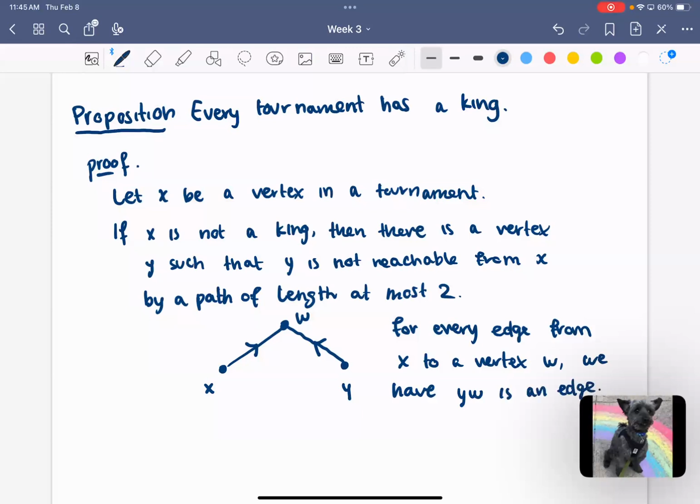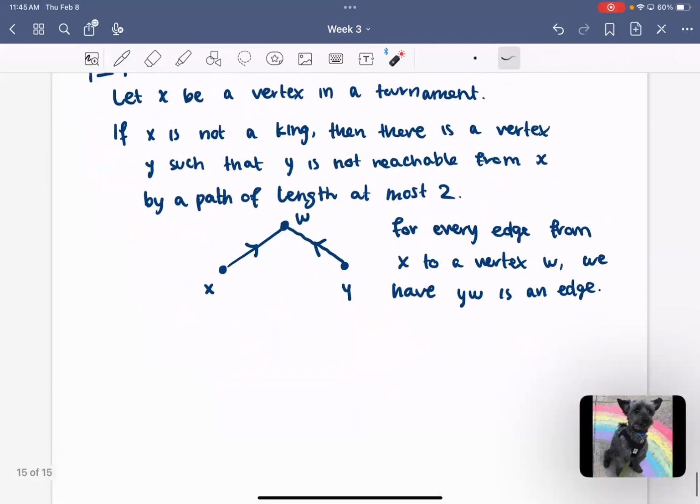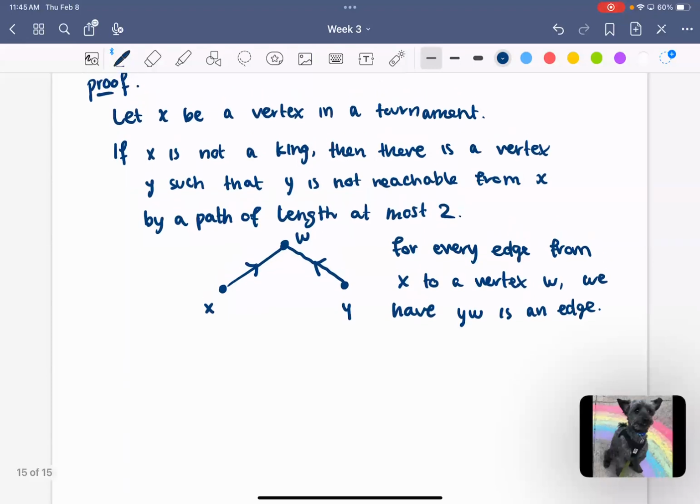Right, because it's a complete graph and we're orienting every edge, so we have to assign an orientation to this edge. If X beats W, it's not possible for us to go this way, so it has to go that way. And then what else can't we have? We can't have that X beats Y because that's a path of length 1. So it has to be that Y beats X.